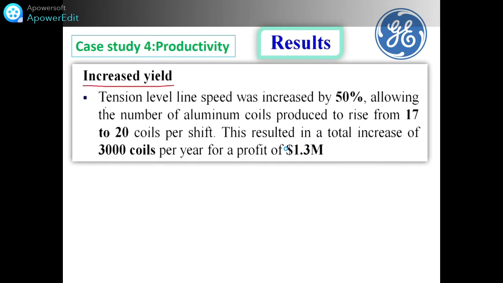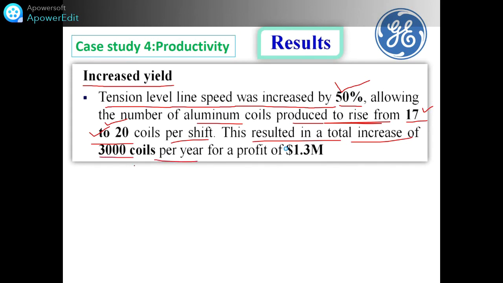Increased yield: level line speed was increased by 50%, allowing the number of aluminum coils produced to rise from 17 to 20 coils per sheet, as you can see in that picture. This resulted in a total increase of 3,000 coils per year. The production increased by 3,000 coils per year.